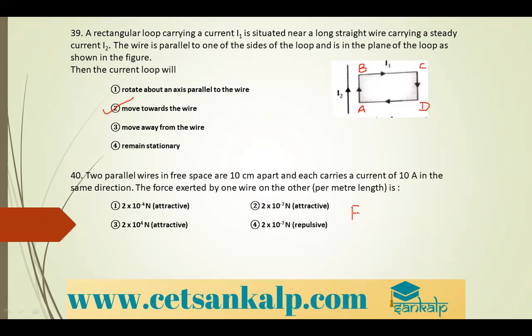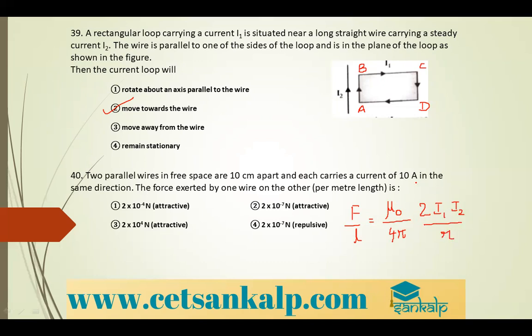F is equal to F by L, force per length, is equal to mu naught divided by 4 pi, ಹೌದಾ, 2 into I1 I2 divided by R. This is the formula.